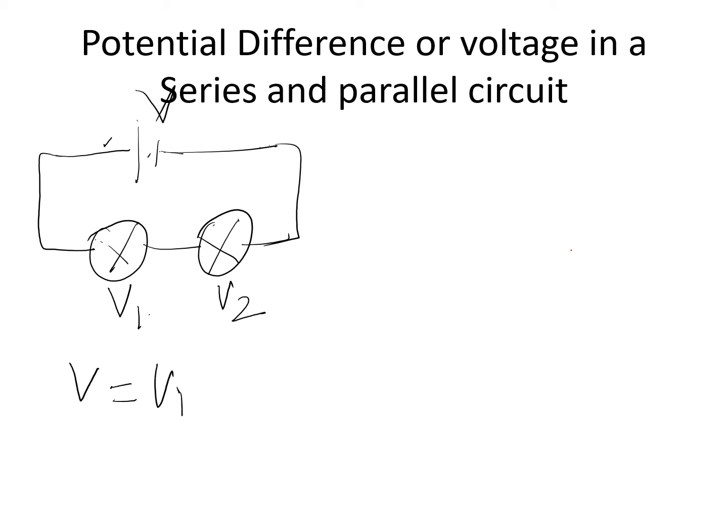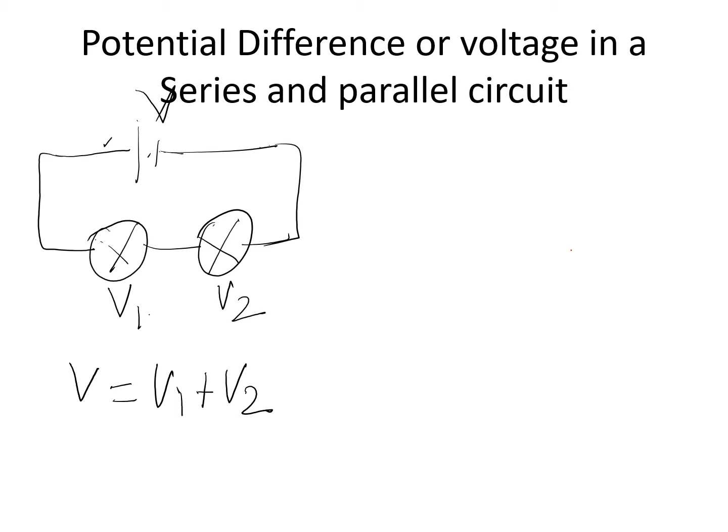How does the voltage split? It splits in such a way that the total voltage or the total potential difference of the battery or the cell is equal to the sum of the voltages across the resistors. When we say the voltage will be split, again the question is, will they be split equally?